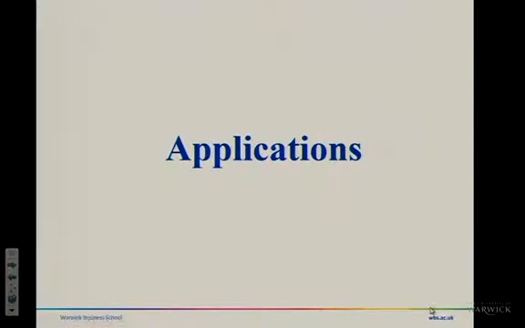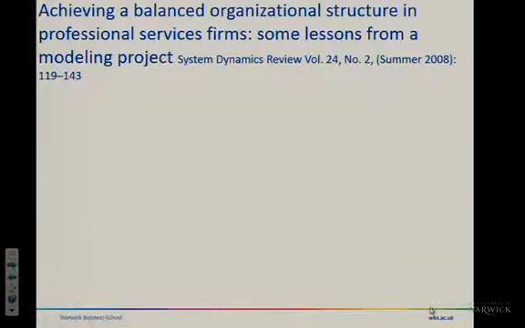Okay. So let me first explain a project that I did for a financial services company. This work was published in the System Dynamics Review. That's the main journal, so if you want to learn more in detail about what we are doing in System Dynamics, that's the main journal of the area.